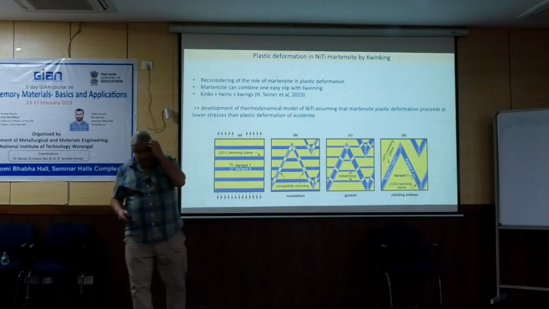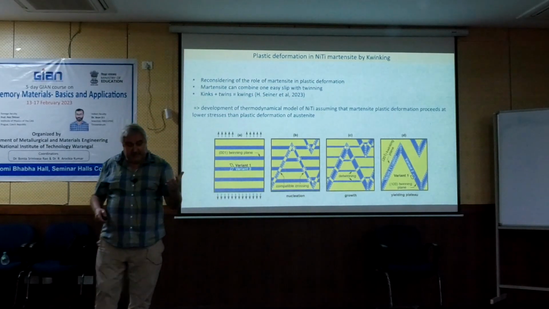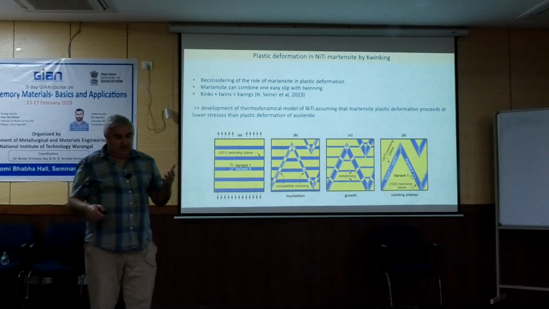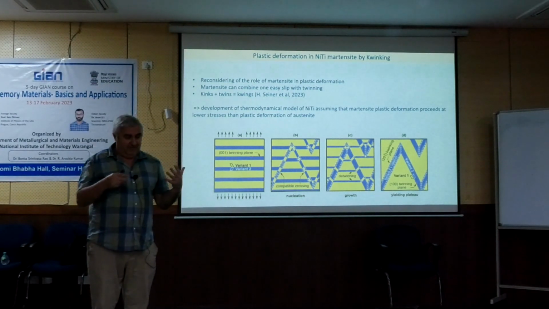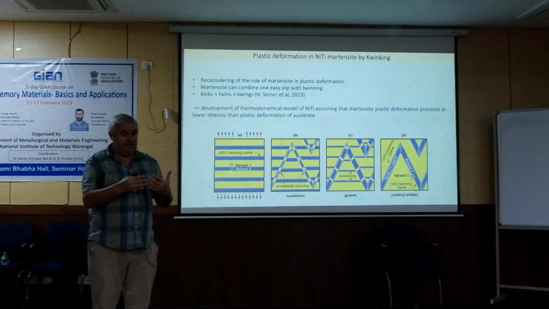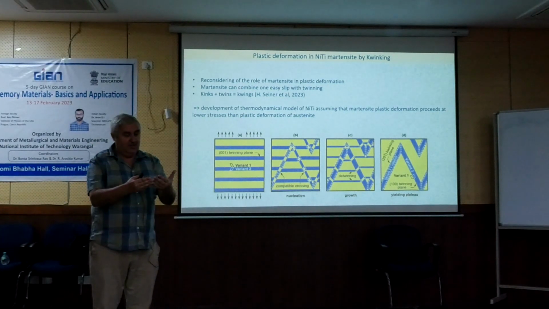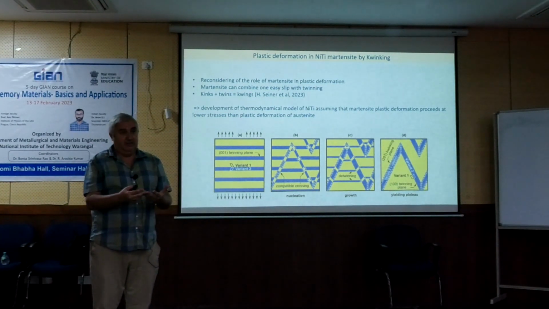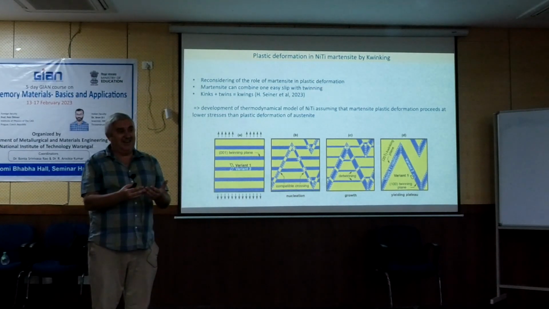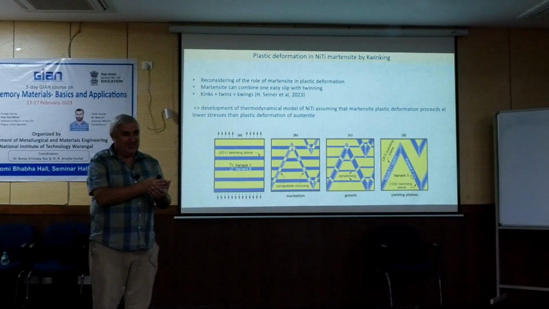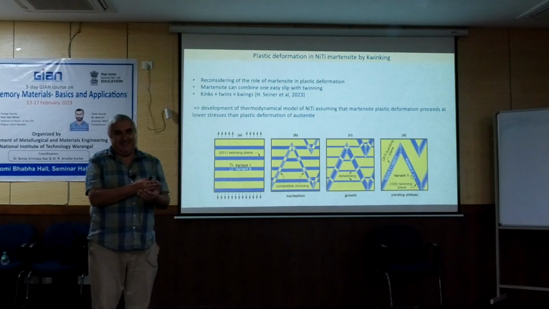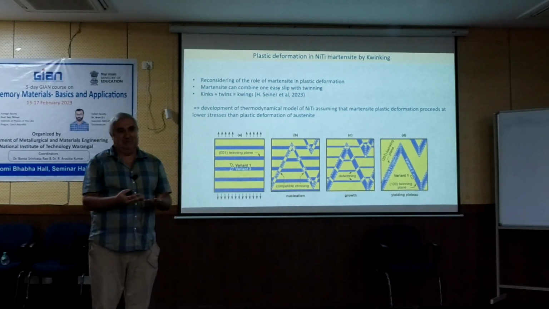So philosophically it is very interesting because we have martensite. It creates the twin bands. So people believe it deforms by twinning, but the twin bands are created by coordinated dislocation slip. So in fact it is a dislocation mechanism. It's not twinning.